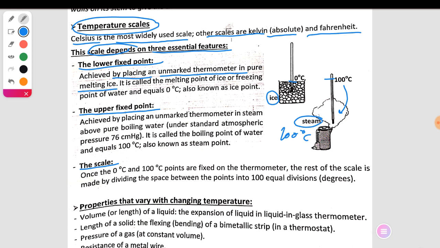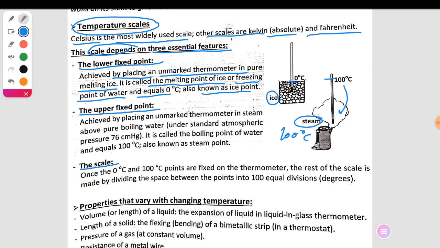It is called the melting point of ice or the freezing point of water, which equals 0. This is known as the ice point. This is the first point.